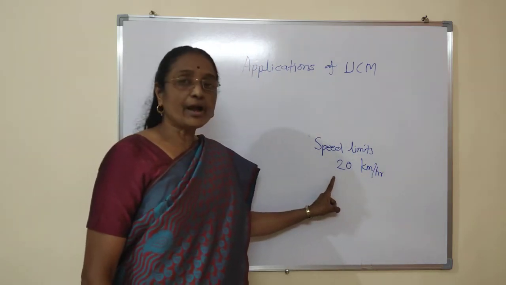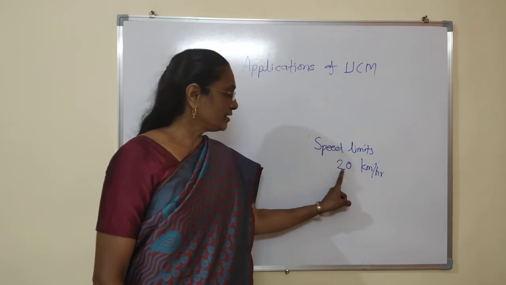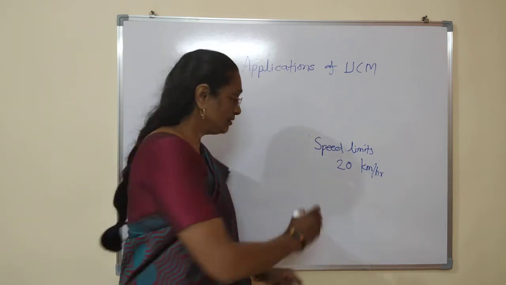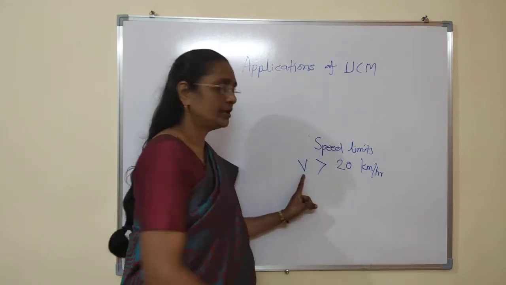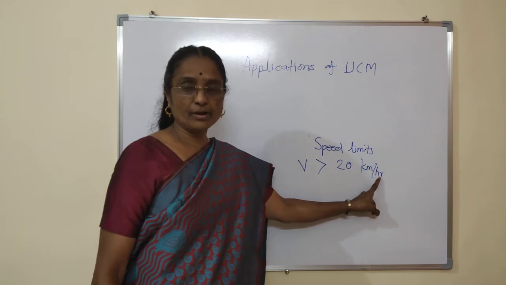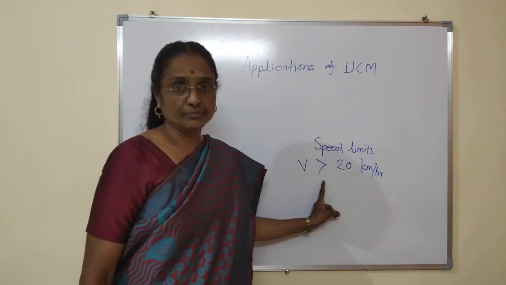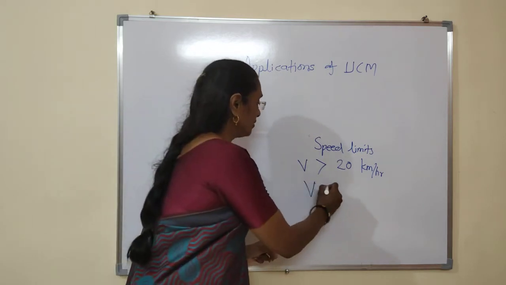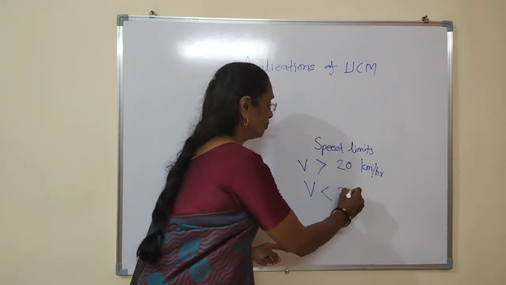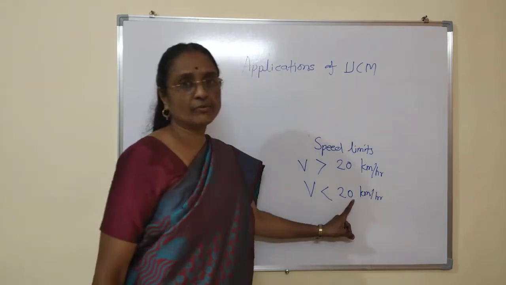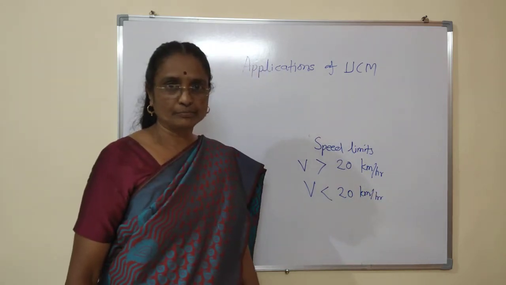So we have to take precaution that this speed limit is not exceeded. If we drive our vehicle with a speed greater than 20 km per hour, then it may skid. So we should go with a speed less than 20 km per hour.